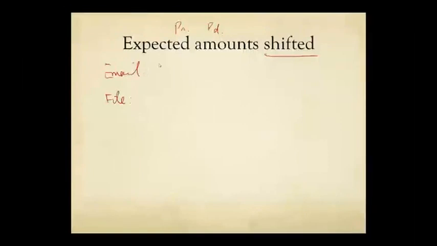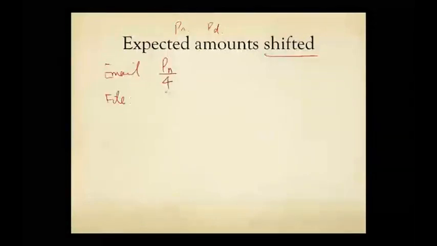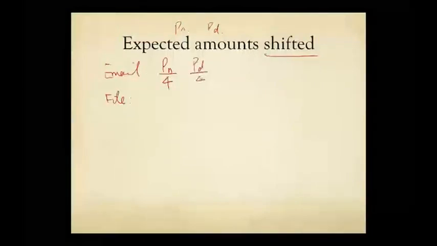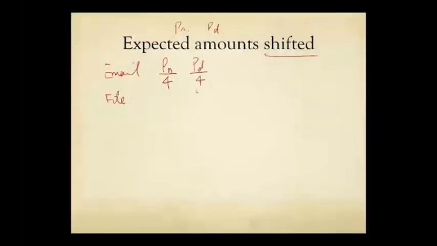Let's say it's simply proportional to the price. So nighttime, let's say email, the probability of shifting a unit of traffic is simply the price P offered over 4. And for daytime it is P sub d over 4. Okay, for file transfer, it is more delay tolerant, and therefore the probability of shifting unit traffic is P sub n over 2 during nighttime and P sub d over 2 during daytime.